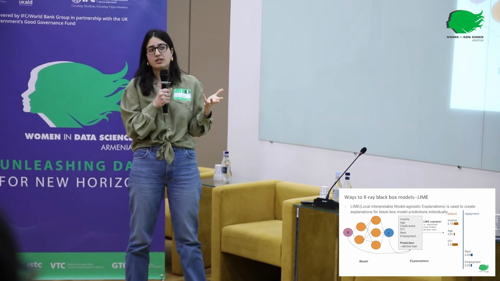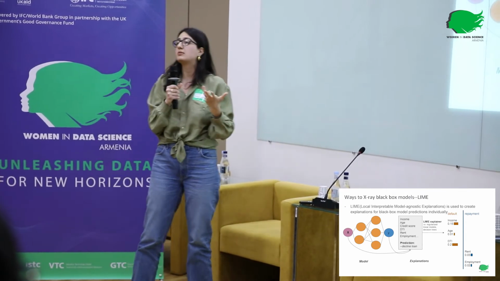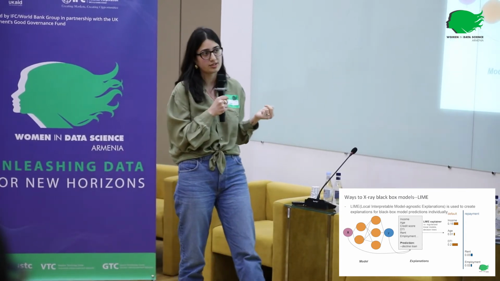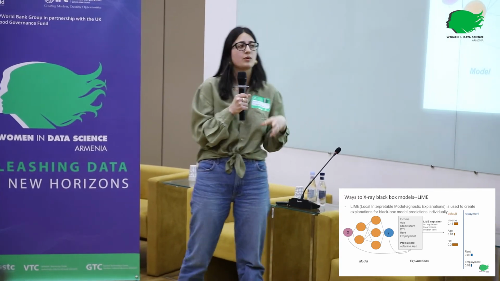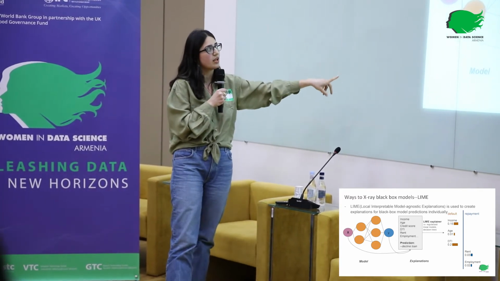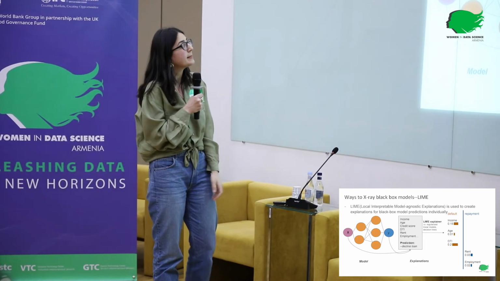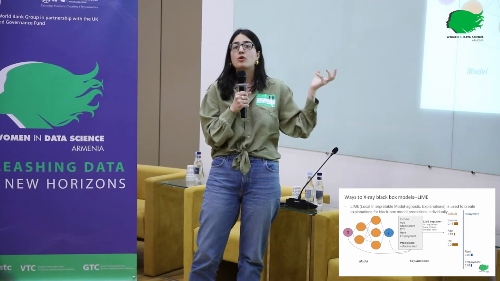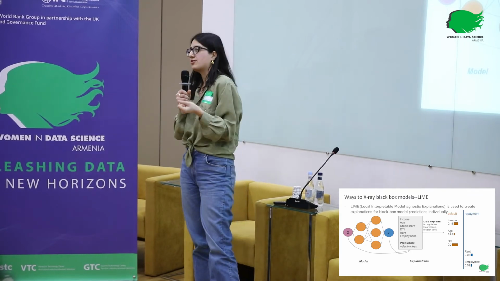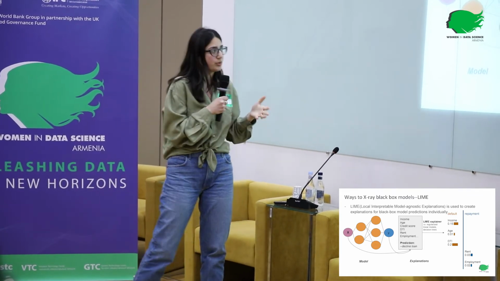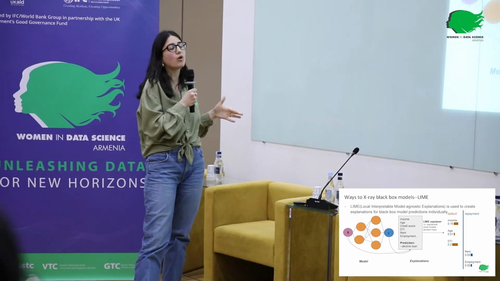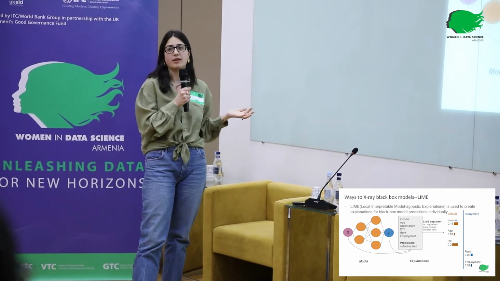So what is LIME? It's local, interpretable, model agnostic explanations. How it works: we have our black box model, we have our data. Here as an example, it's financial data. We train the model on the data and make predictions. At that stage, we already have all the components to be able to use LIME.